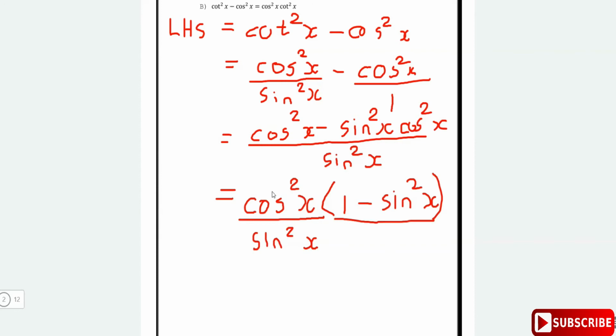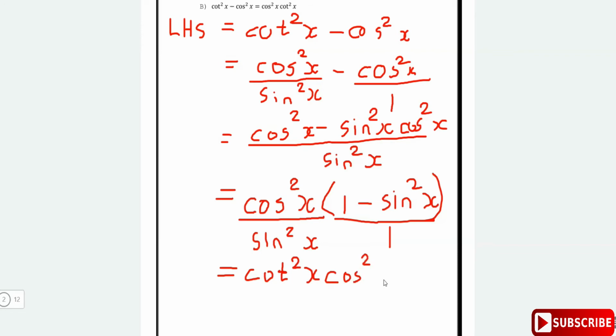Now look at this. Cos square over sine square is cot square. This becomes cot square x. And then 1 minus sine square is cos square. So this part is cos square.